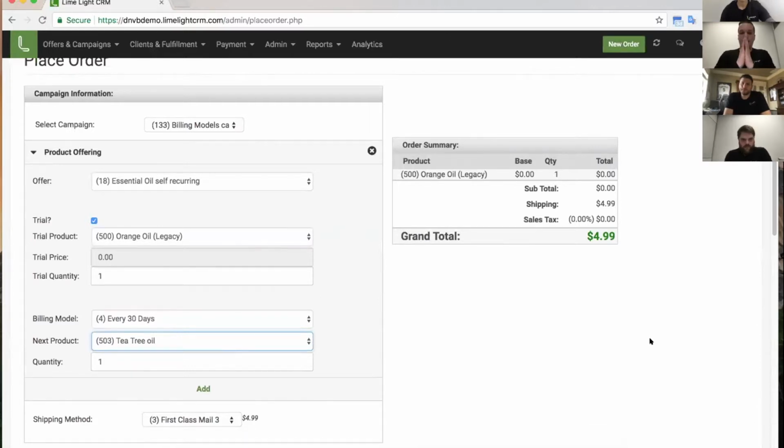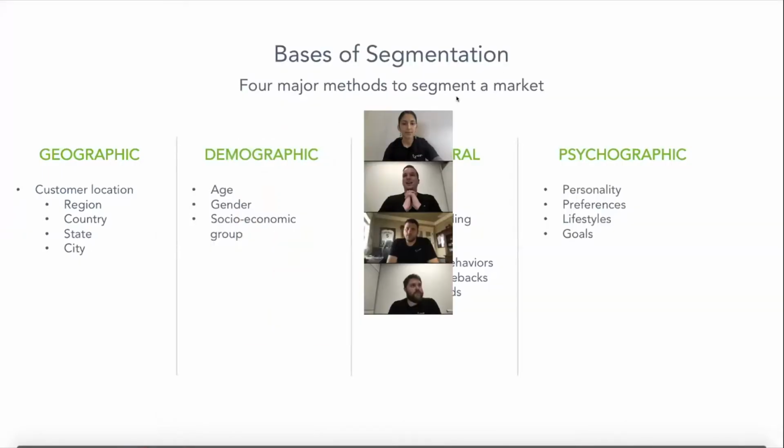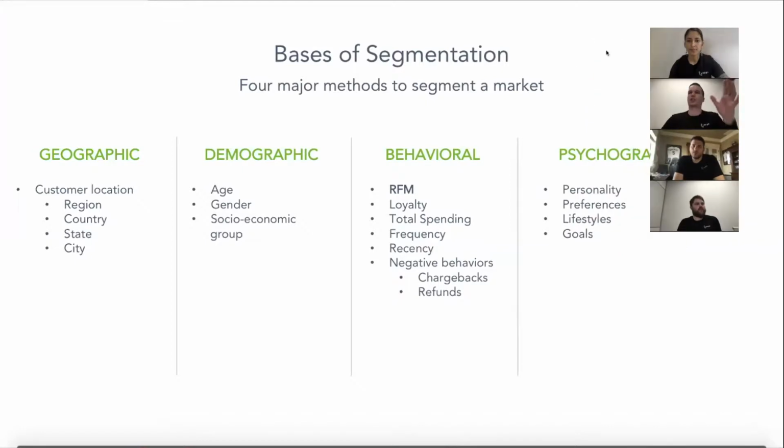Next one I want to get into, and I won't spend a ton of time on it because we've already done a webinar on this, but I wanted to share, in case people weren't on that webinar a couple weeks ago, some of our new features. It's called segments. You'll find this under clients and fulfillment, under marketing tools, where you can select segments. What this allows you to do is create groups or segments of customers that meet a similar quality set.